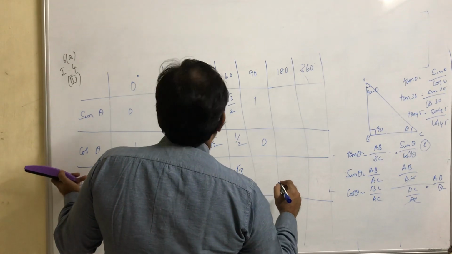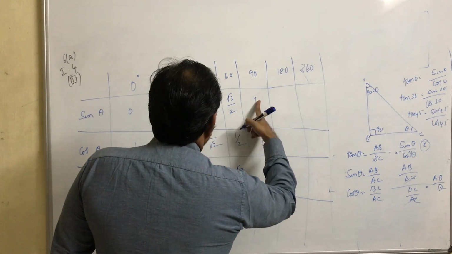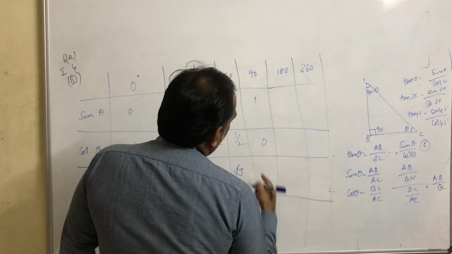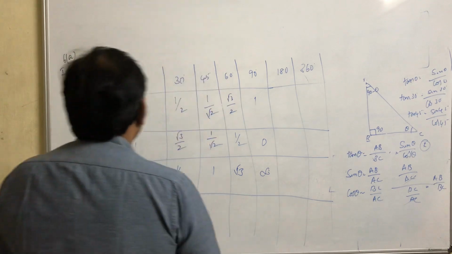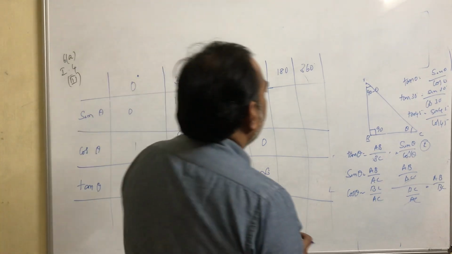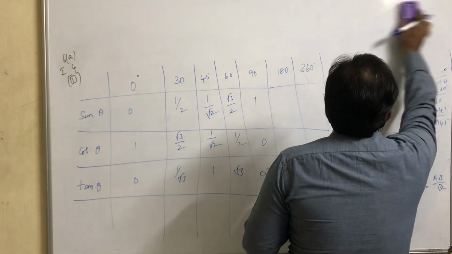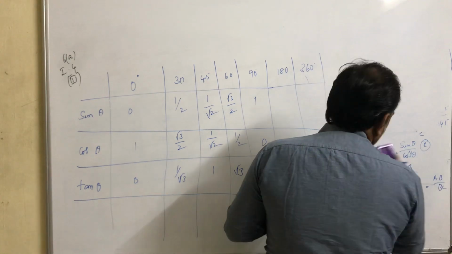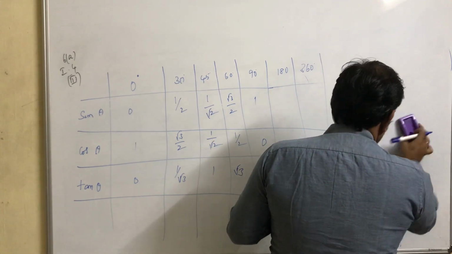Now tan 90 equals sin 90 divided by cos 90, that is 1 by 0. 1 by 0 is how much? Infinity, which means it is not defined. To know these things, consider the coordinate system. Now just note these things down. If you have any doubts, just ask me.